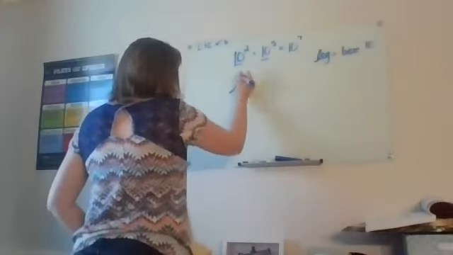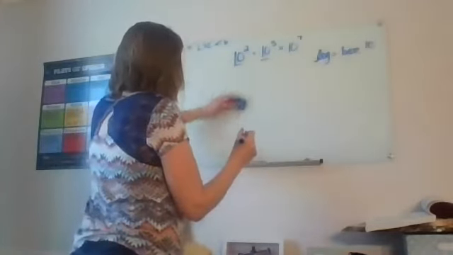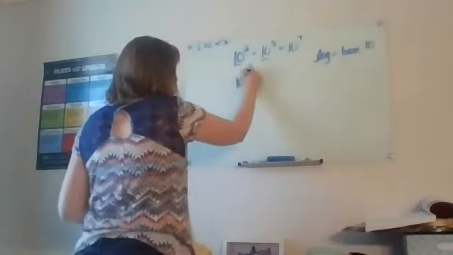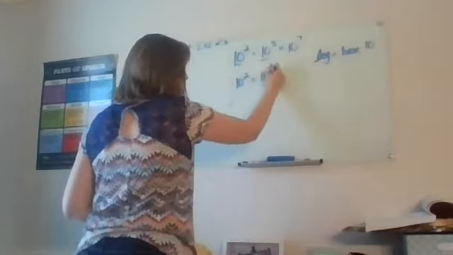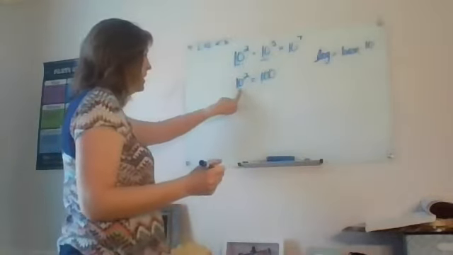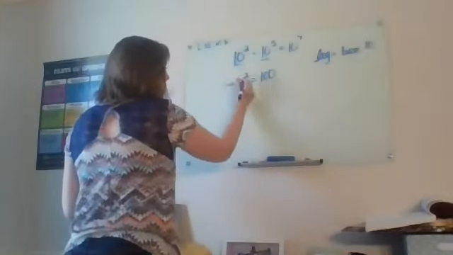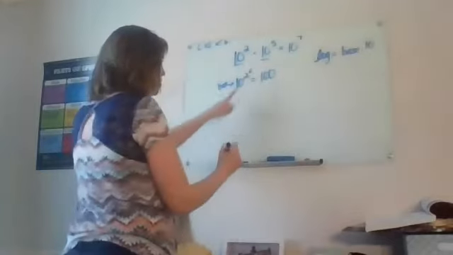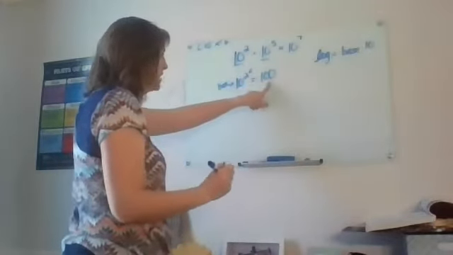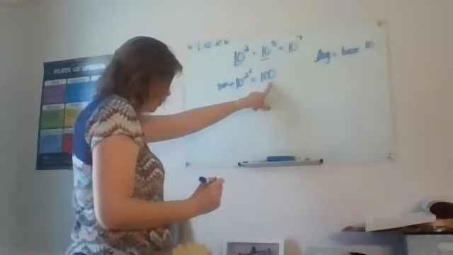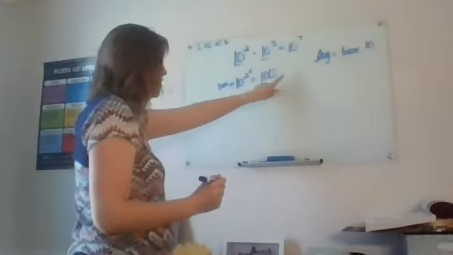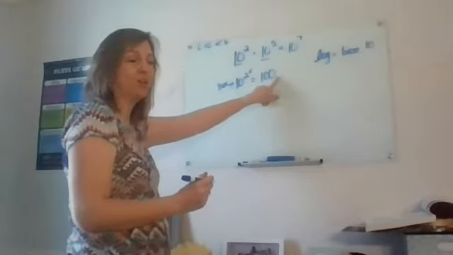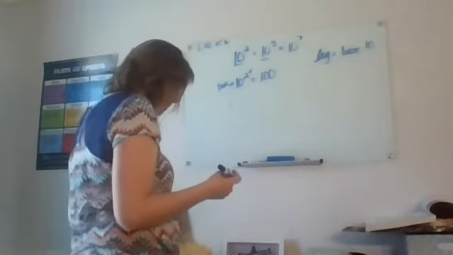So one way for us to remember this is think through 10 squared equals 100, right? So my base is 10, my exponent is 2, and the answer there is 100. Well, your book points this out to you, that 100 is the anti-logarithm, the inverse of that logarithm, right?